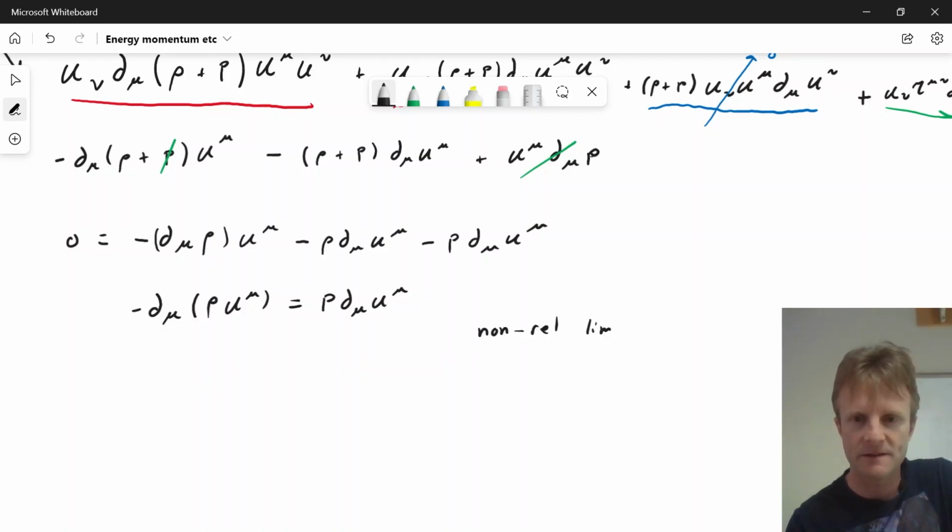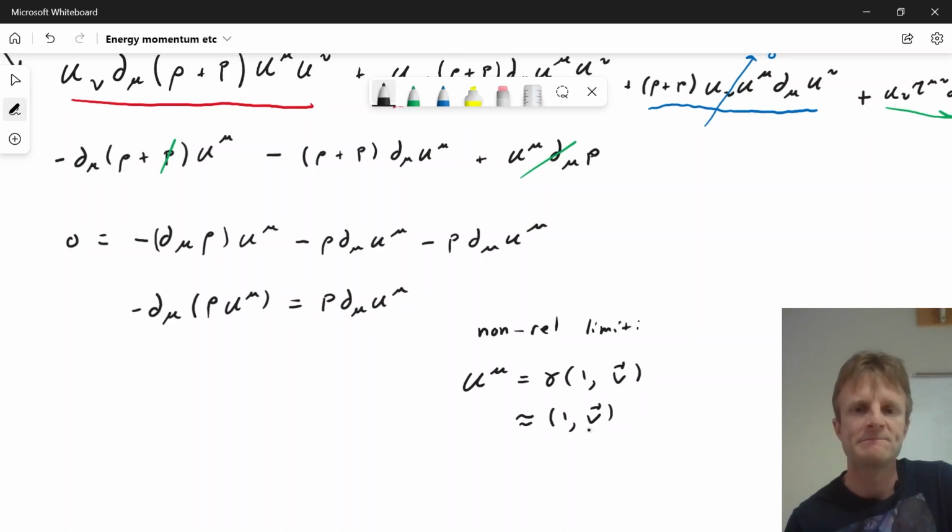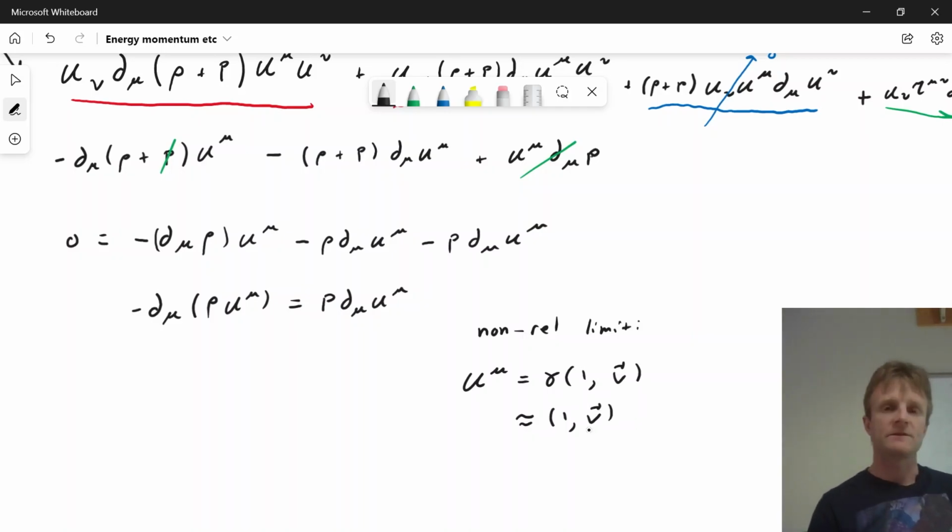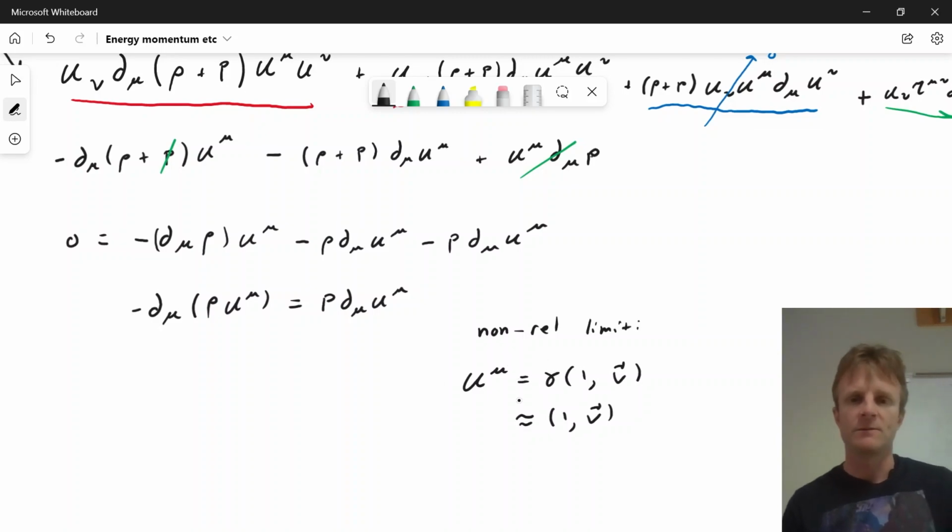This will go a little fast because we only have a few minutes. Remember that in general, we wrote u^μ as gamma times (1, v). But that'll just be approximately (1, v) in the non-relativistic limit, because gamma will be approximately 1 when v is very small.